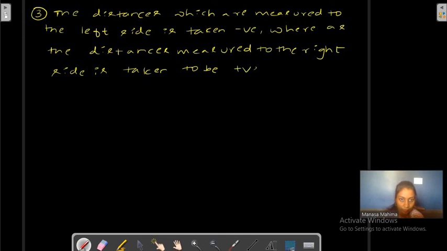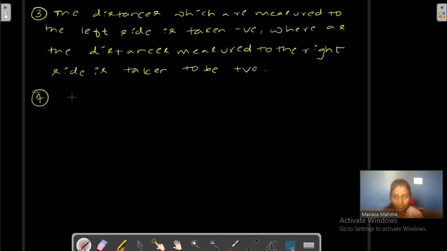This is the main important point. Whatever distances you are measuring to the left side, we have to consider as negative, and whatever distances we are measuring to the right side, we have to consider as positive.